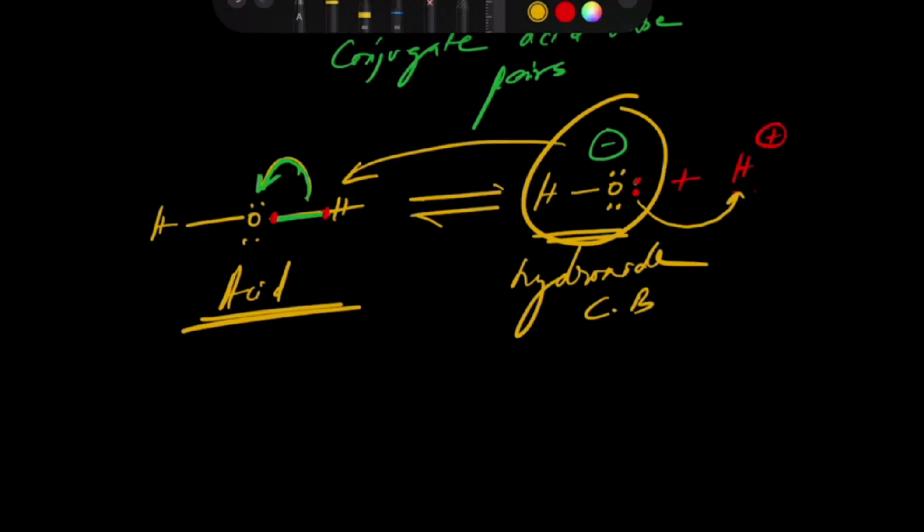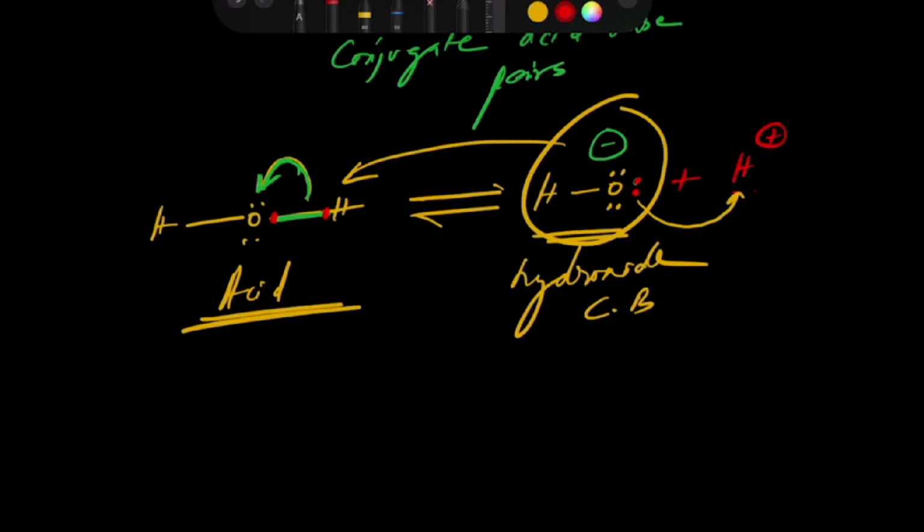That means it acts like a base and gives water. Now whenever an acid forms a base, the base that forms after the acid loses H plus ion is called its conjugate base. And whenever a base accepts a proton and forms an acid, the acid formed after the base accepts a proton is called its conjugate acid. Okay.